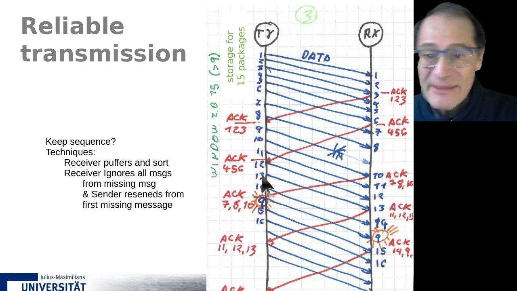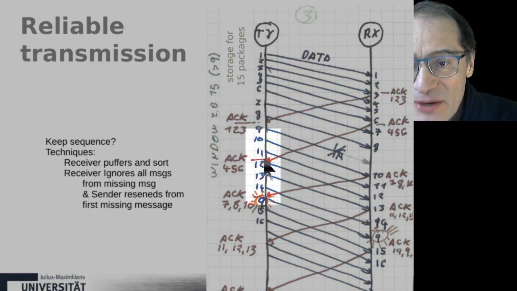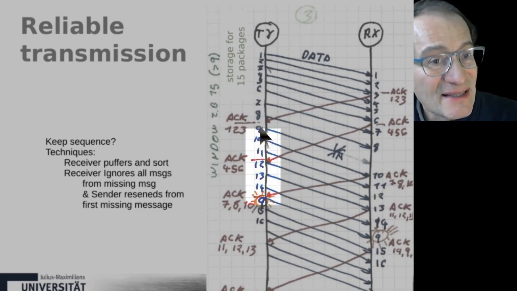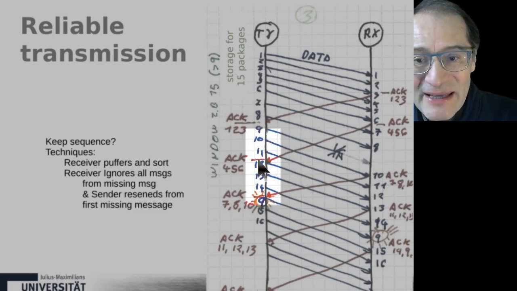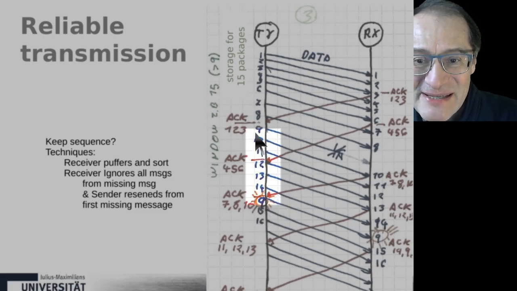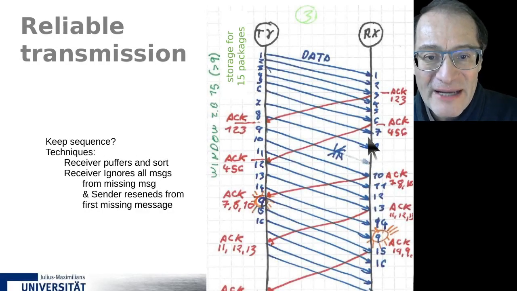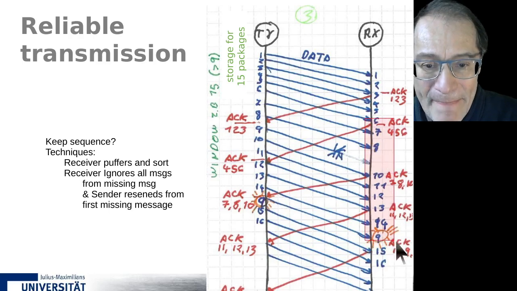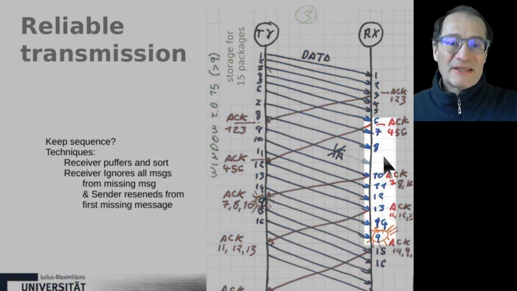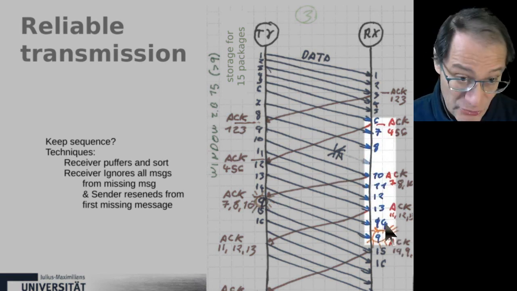On the other side, in this case, this shall be the window because I have to resend number 9. So I shall not store much more than that, because I shall be able to resend from 9 to 15. On the other side, we are getting these messages here, but from 10 to 14, I cannot deliver to the application.